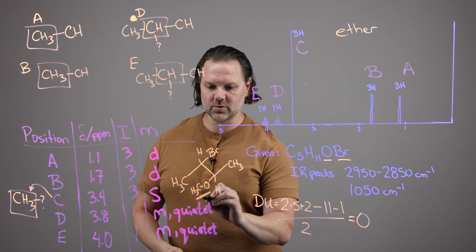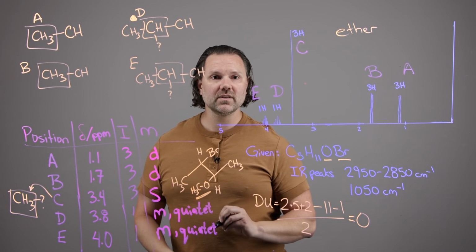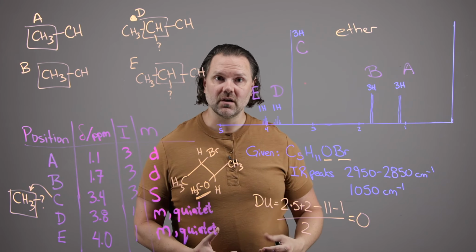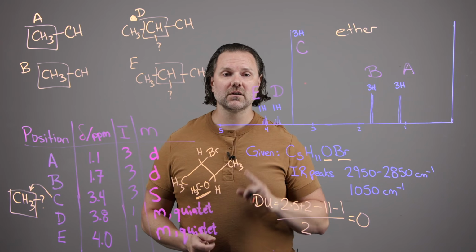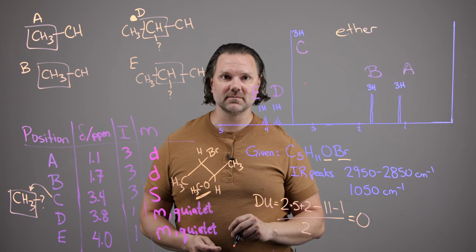So this group right here, which would be signal C, we know that when you have a CH3 group next to an oxygen, where should that show up? Go check your spectroscopy reference table.